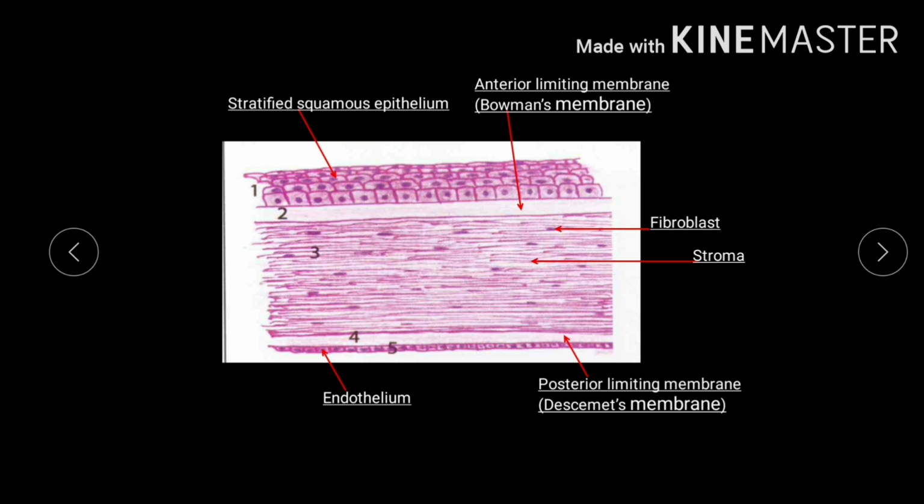In adjacent lamellae, the direction of the collagen fibers is perpendicular to each other. This regular arrangement is termed the orthogonal array. This orthogonal array arrangement gives a transparent stroma and the transparent nature of the cornea.